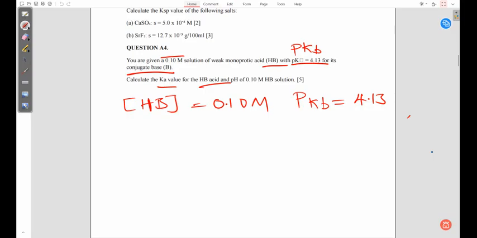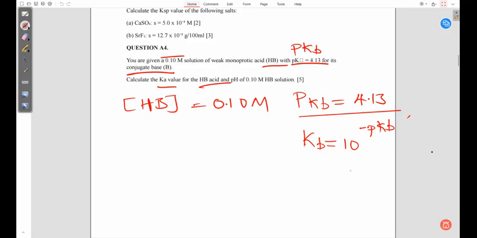So one thing that we know that can help us, since we've been given the pKb, can help us find the Kb. One thing that we know is that the Kb is actually equal to 10 to the power negative pKb. Okay, that's a relationship that we basically know of.